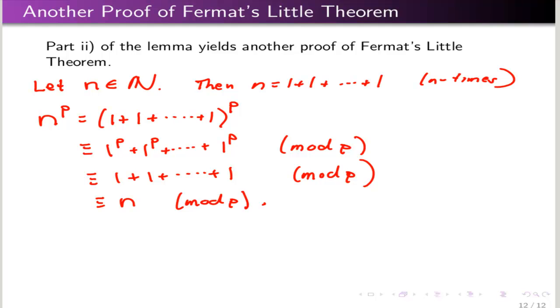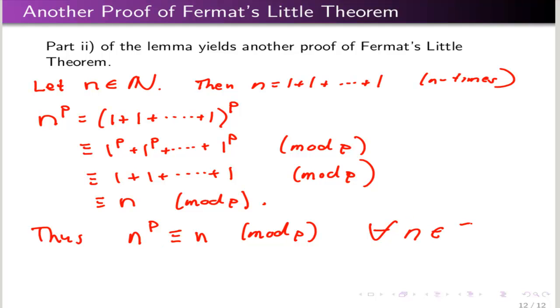So I've proven a more general version of Fermat's little theorem. So we have established that n to the p power is always congruent to n mod p. Now I just did it for positive integers, but it's trivial to then deduce that it's going to be true for negative integers as well as 0. So this is in fact true for all integers.